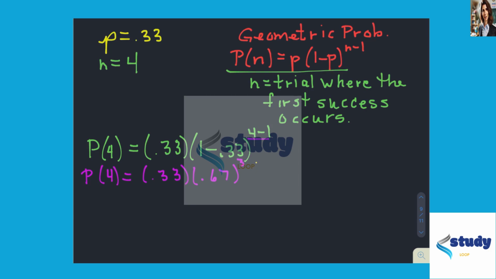And if you typed that into a calculator, you will get a probability of 0.09925. So the probability that the first success, or the first person to say yes, occurs on the fourth customer is 0.099.